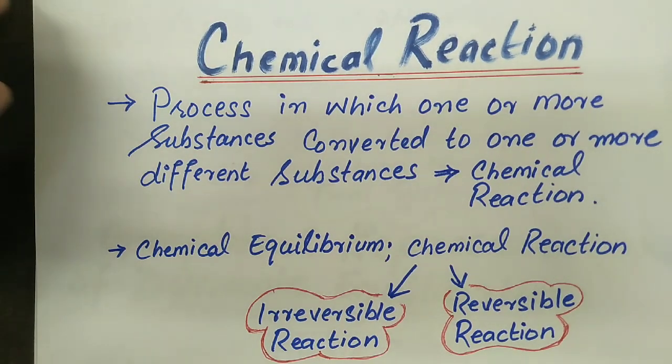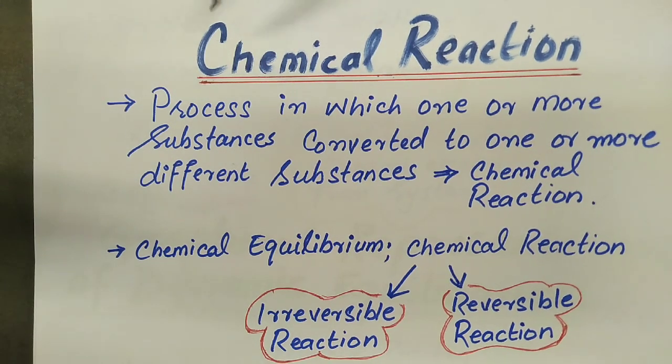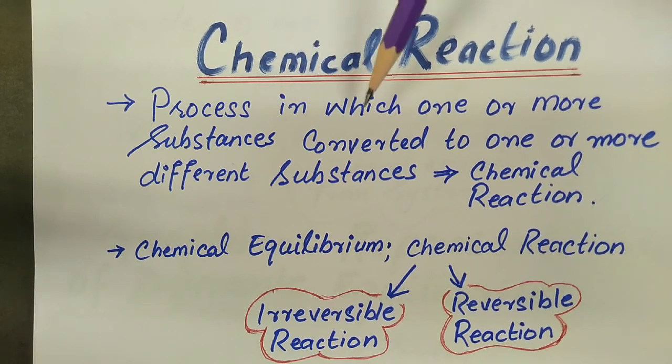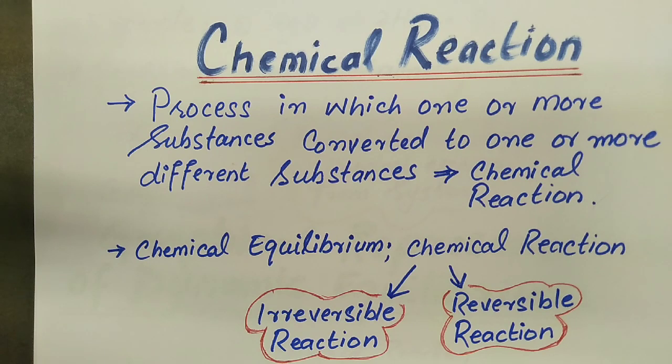What is chemical reaction? As you have already studied in your previous classes, a chemical reaction is the process in which one or more substances are converted into one or more different substances.